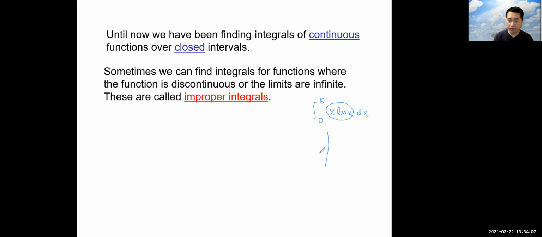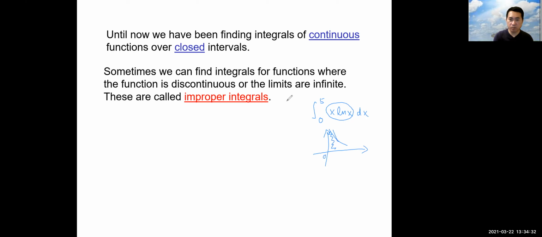And when you graph it, what you would see is the graph will have a vertical asymptote at 0, okay? And so your graph will have a kind of hole here, and looking at the definite integral as the area underneath the curve, it is a little bit weird, okay?